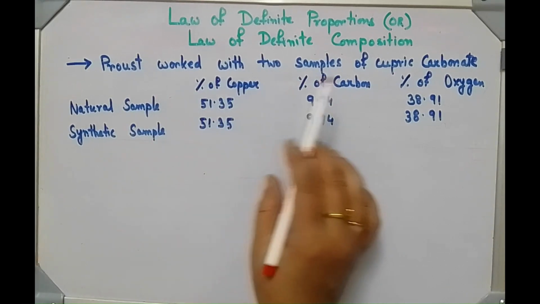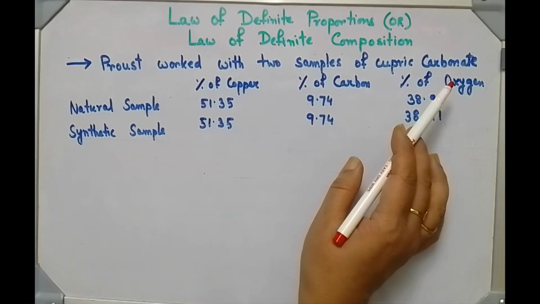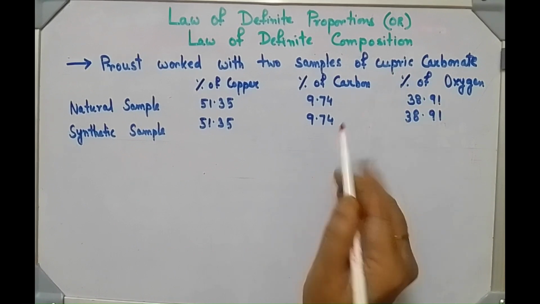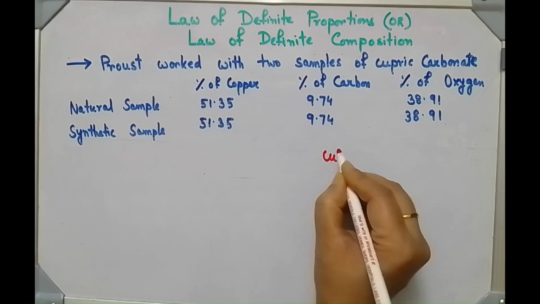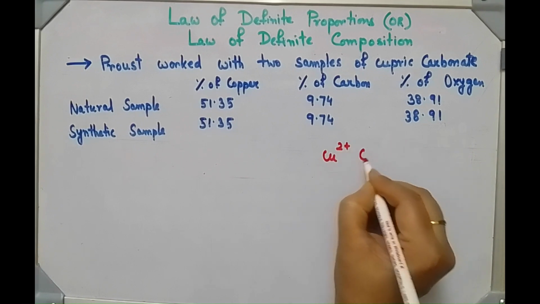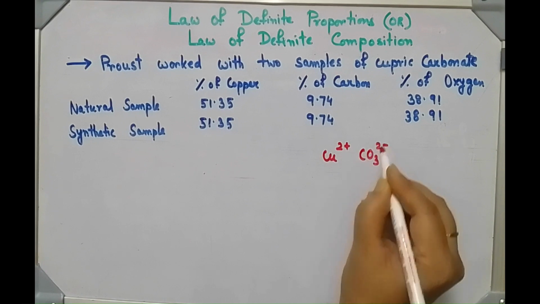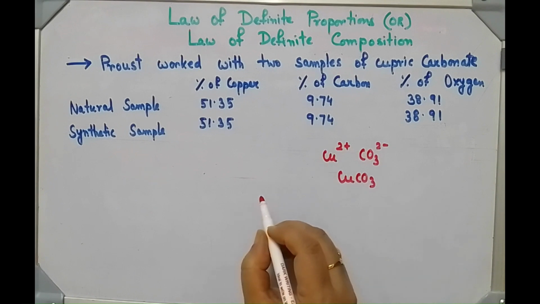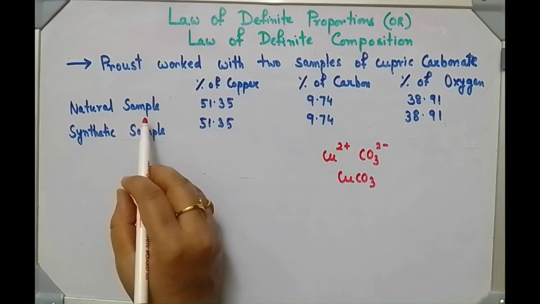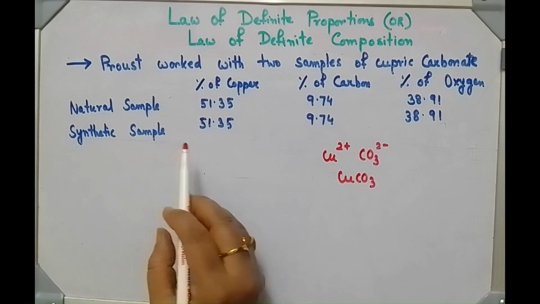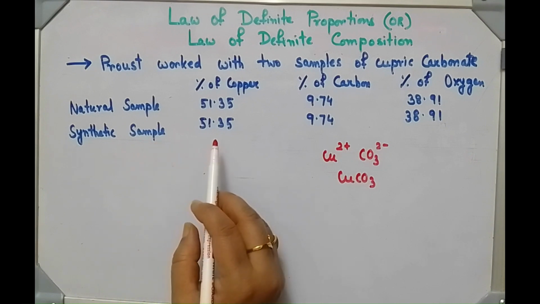Proust worked with 2 samples of cupric carbonate. Cupric carbonate means copper is in +2 oxidation state, and carbonate ion is this one. So cupric carbonate means this one. He took one natural sample and one synthetic sample, and he found that the percentage of elements present in both the samples was the same.